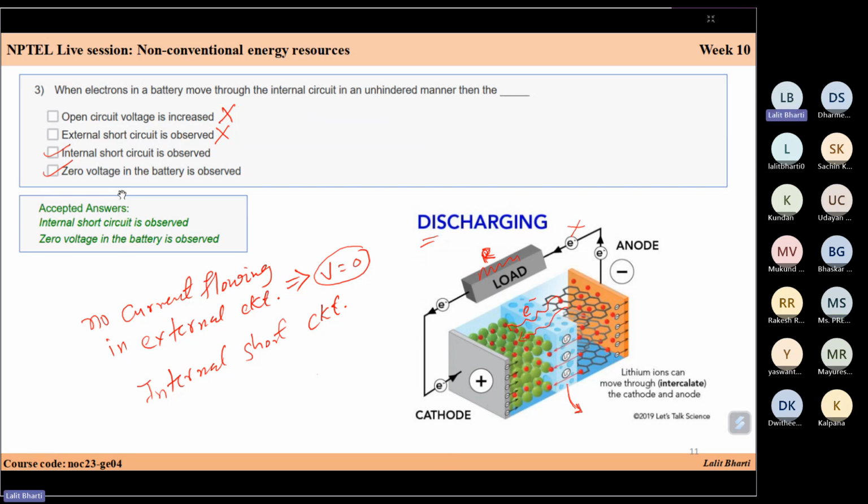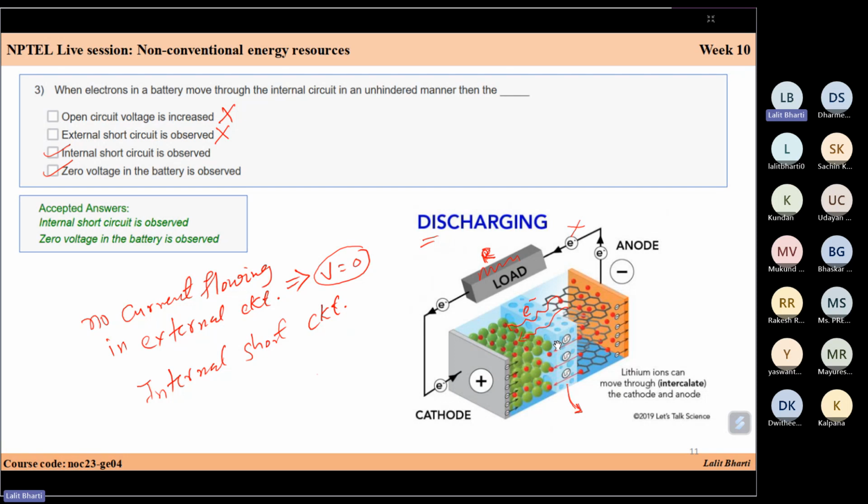The question is, when electrons in a battery move through the internal circuit in an unhindered manner, what will happen? Basically, a battery has a cathode and anode as electrodes, an electrolyte in between, and a separator.